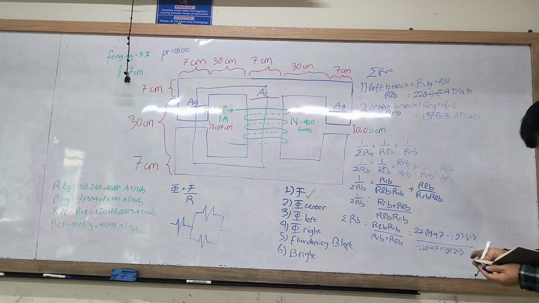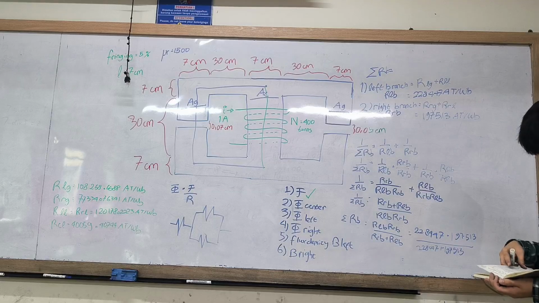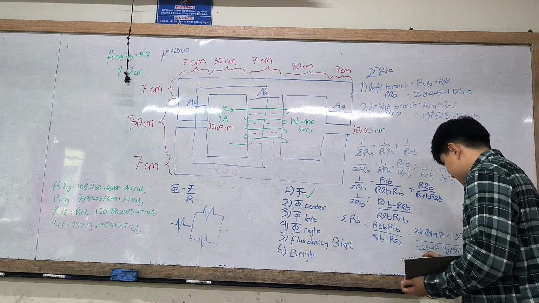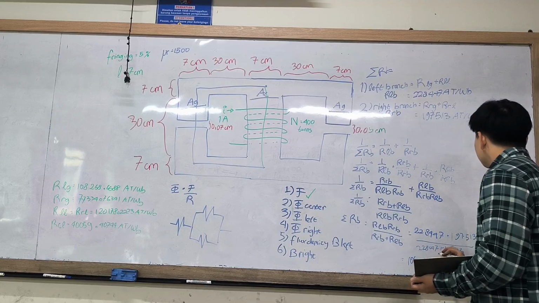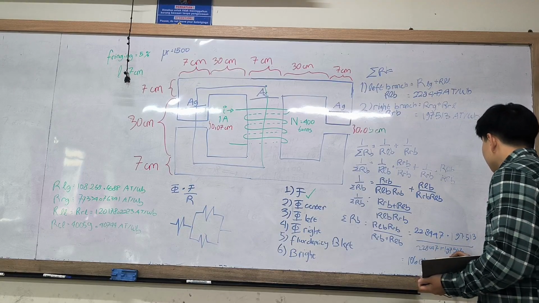The final result of the reluctance of the branch would be 106,000 ampere turns per Weber.